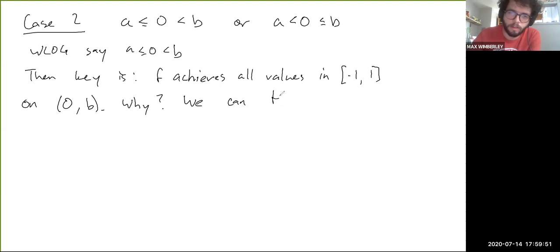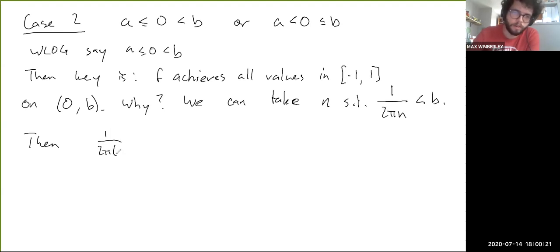So we can take n such that 1 over 2 pi n is less than b, then 1 over 2 pi n plus 1 is less than b.